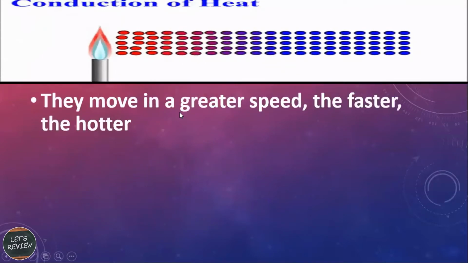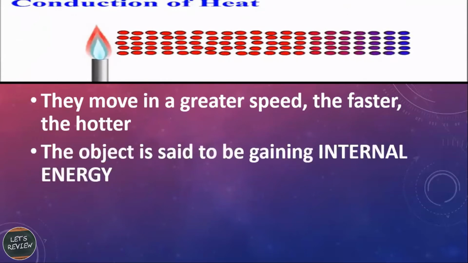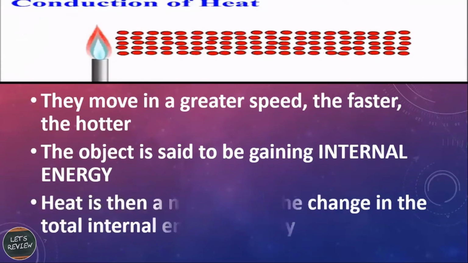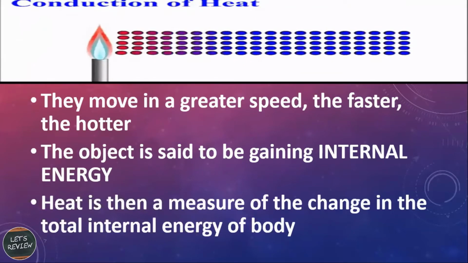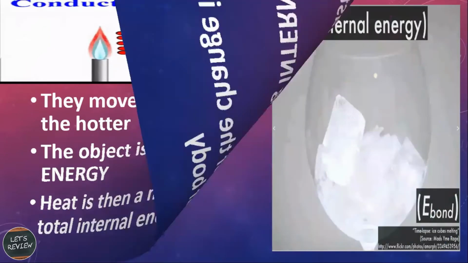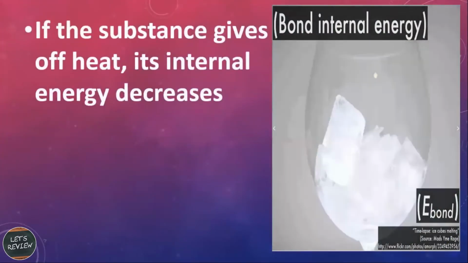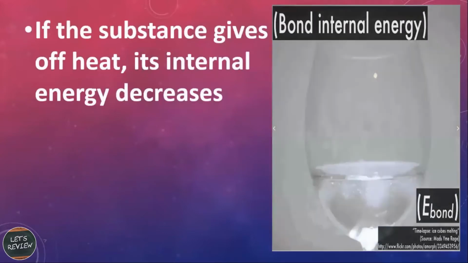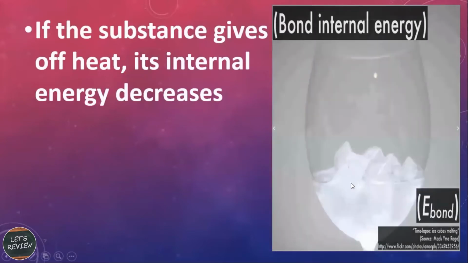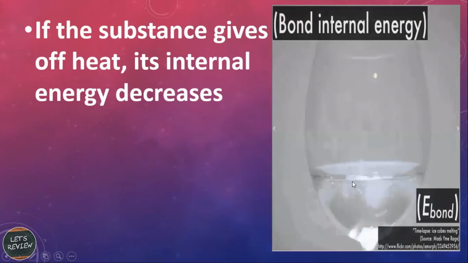So they move at a greater speed, the faster, the hotter. The object is said to be gaining internal energy. And heat is then a measure of the change in the total internal energy of the body. If the substance gives off heat, its internal energy decreases, like the ice when it melts.